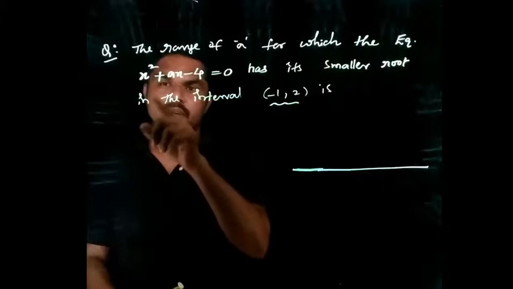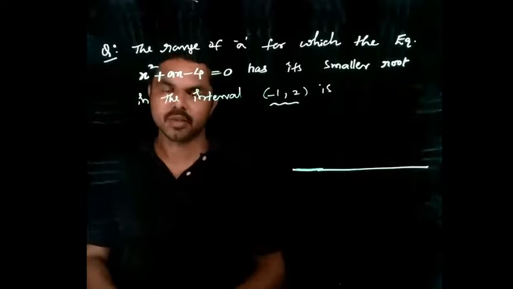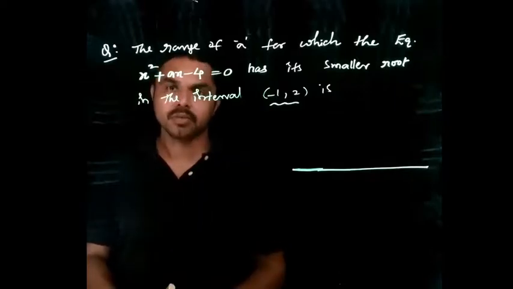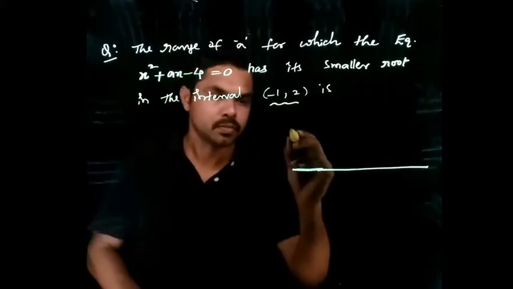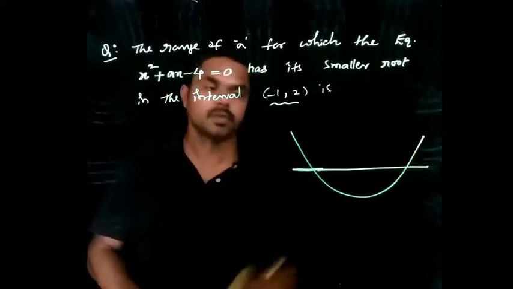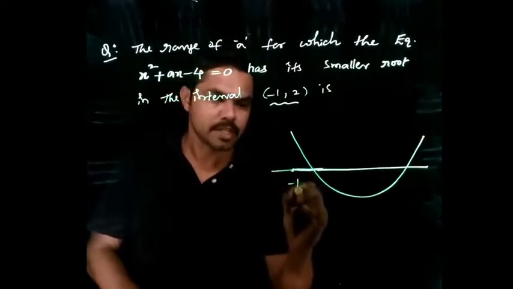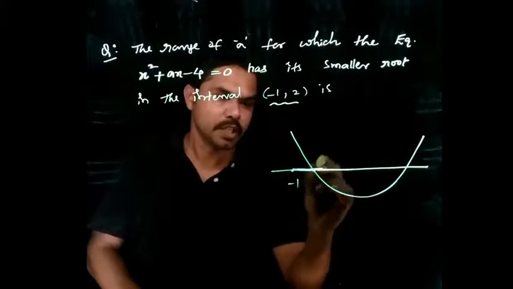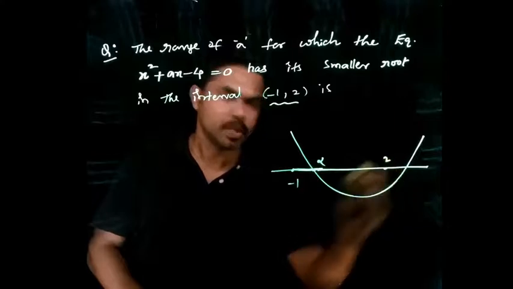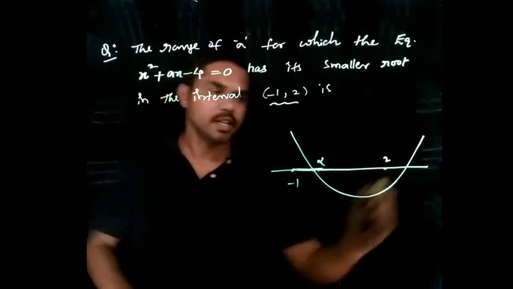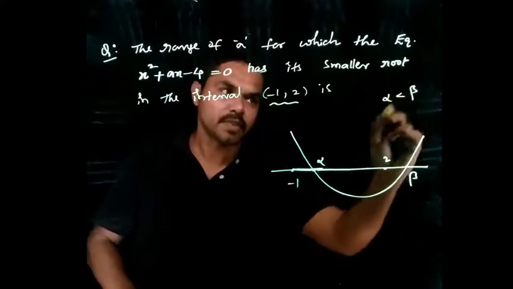Here if you observe, x square coefficient is 1, that is positive, so it is greater than 0. When the x square coefficient is positive, the parabola opens upwards like this. If you take minus 1 here, alpha should be here and 2 should be here, because in the question he said the smaller root, and alpha is always less than beta.